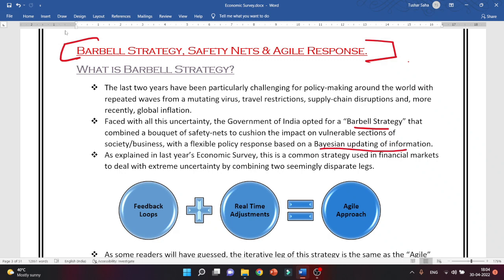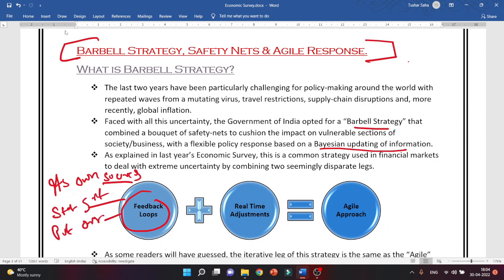So what the government was doing, the government was taking feedback from every sector of the economy, right? It was using data from its own sources, state governments, then private organizations, then any other sources; all the sources were open.